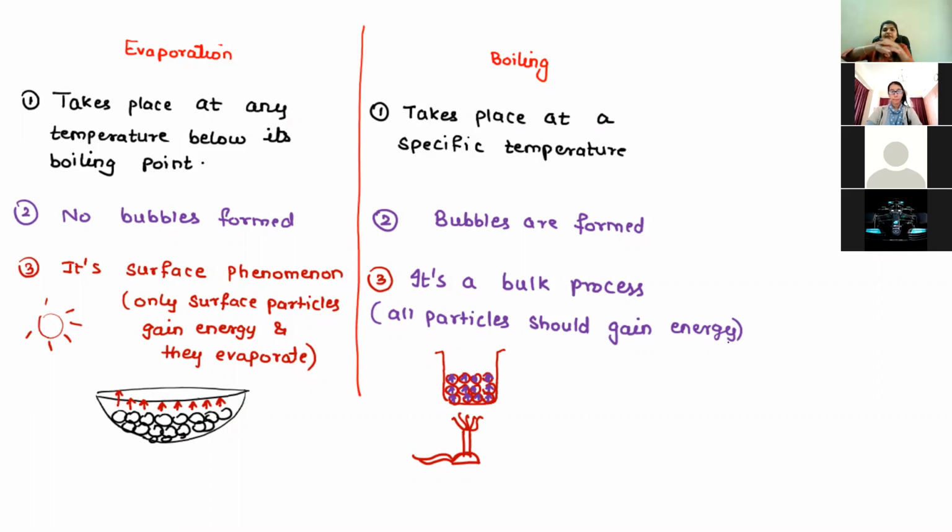In evaporation, only the top layer needs to gain energy and go. In boiling, all the particles have to gain energy and then they will go. So who will be faster? Evaporation. Yes, that's correct, because in evaporation only the top layer needs to gain energy. Bottom layer particles need not gain energy.